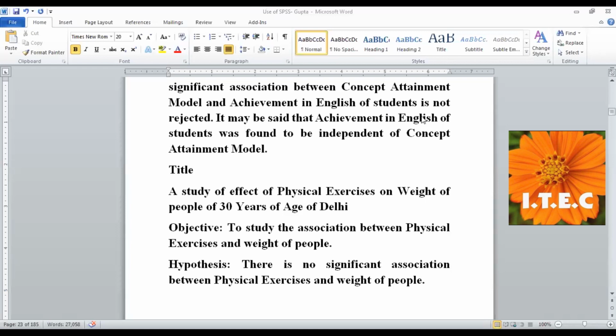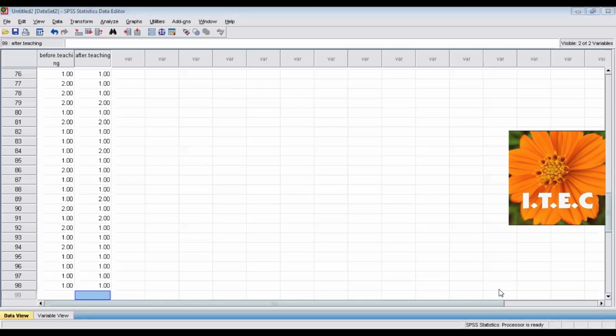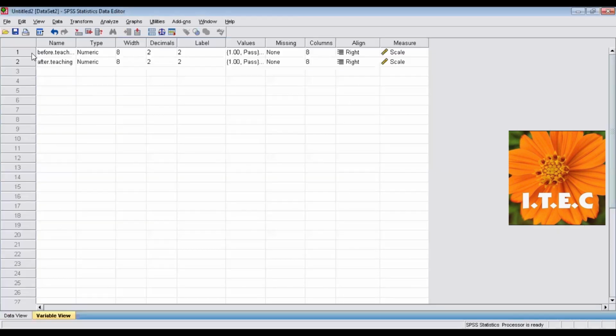So let us go to the sheet. If you want to remove it, you can remove it, no problem.